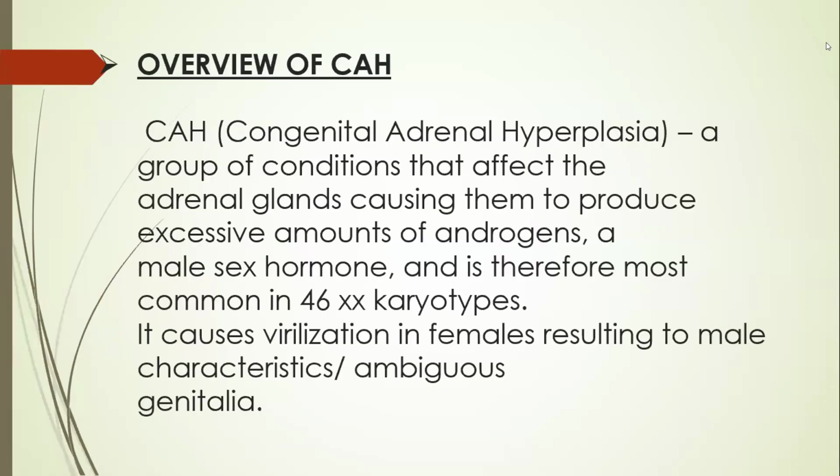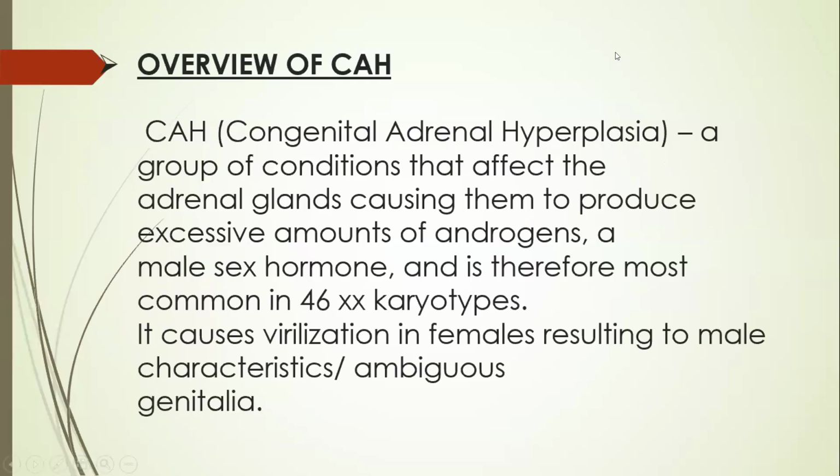And I'll just have a brief overview of CAH. Congenital adrenal hyperplasia is a group of conditions that affect the adrenal glands, causing them to produce excessive amounts of androgens, a male sex hormone, and it's therefore common in 46 XX karyotypes.